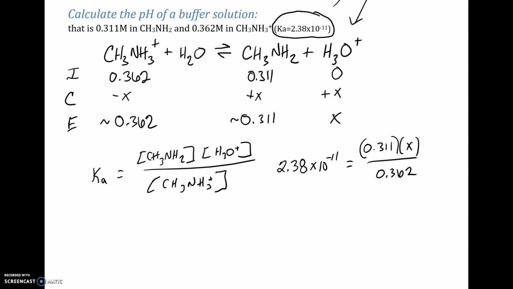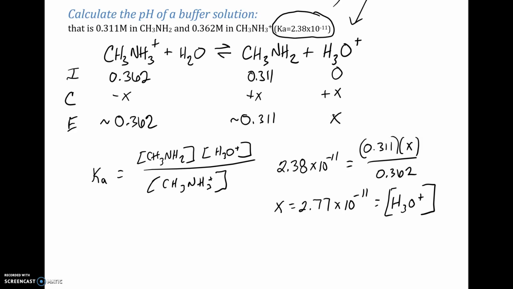I did this by multiplying both sides by 0.362, and then dividing both sides by 0.311, and I've got a value for x: 2.77 times 10 to the minus 11th. Now that's your hydronium ion concentration because we solve for x, and our x represents our hydronium in that final row of our ice table.